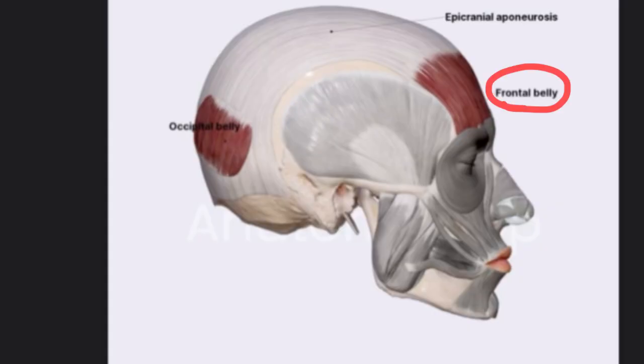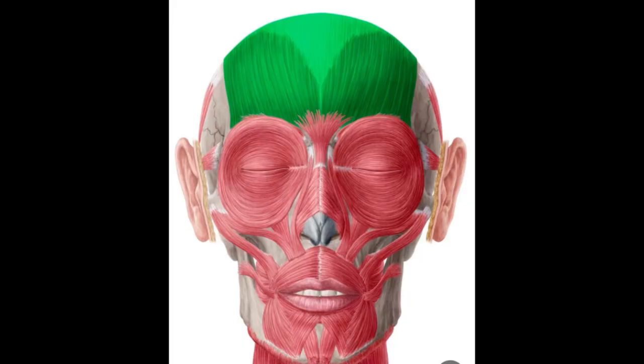As you can see, the frontal belly of the fronto-occipital muscle connects to the superciliary arches and also the skin between the superciliary arches, and the skin of the superciliary arches is lifted as a result of its contraction, and it creates skin wrinkles.